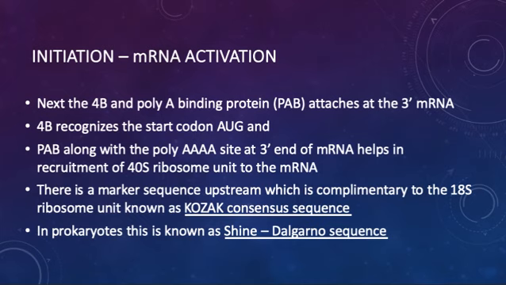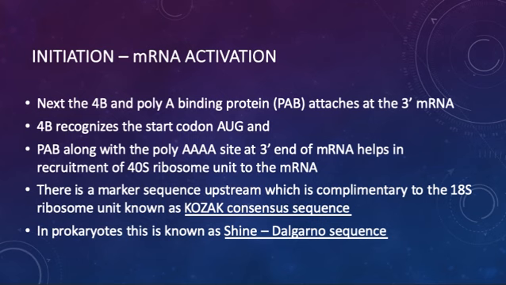There is a marker sequence upstream which is complementary to the 18S ribosomal RNA, and this we call the Kozak consensus sequence. In the prokaryote we have another marker sequence that we call the Shine-Dalgarno sequence. So we have two sequences: the Kozak consensus sequence, the marker sequence in the eukaryote, and in the prokaryote the Shine-Dalgarno sequence. So this is the activation of the mRNA.